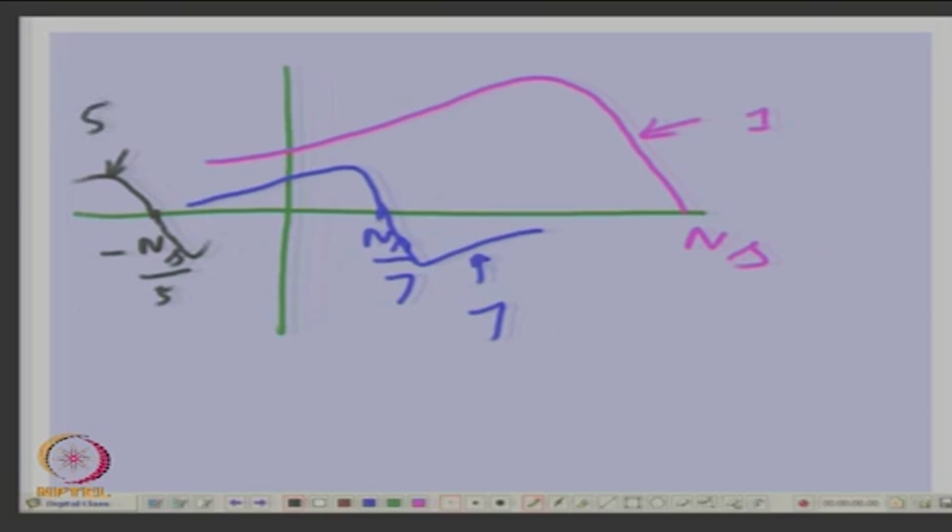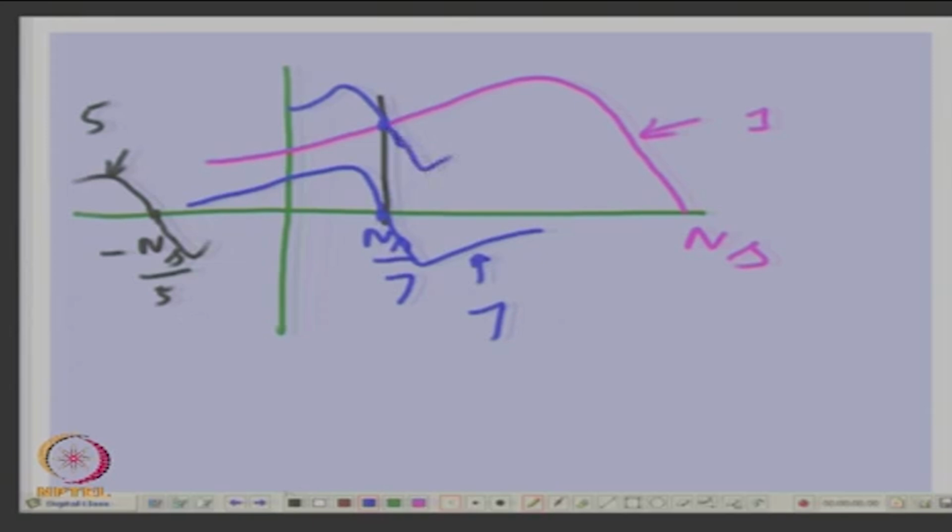So, the net will be somewhere, there will be a possibility of some dip here, right. So, superpose on this some characteristic, okay, this characteristic superposed here.